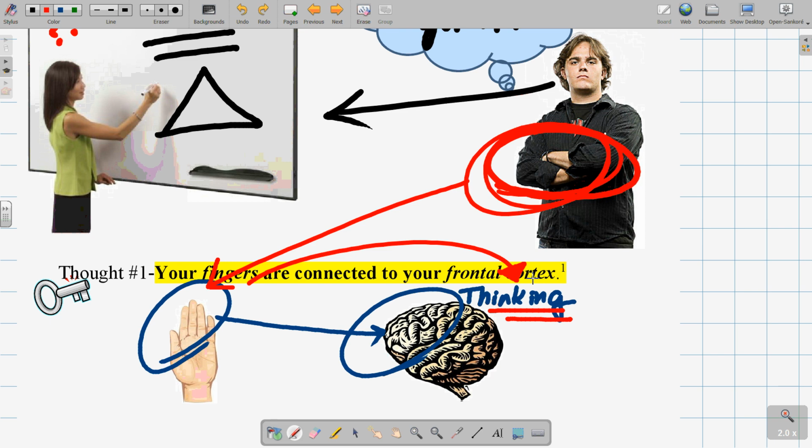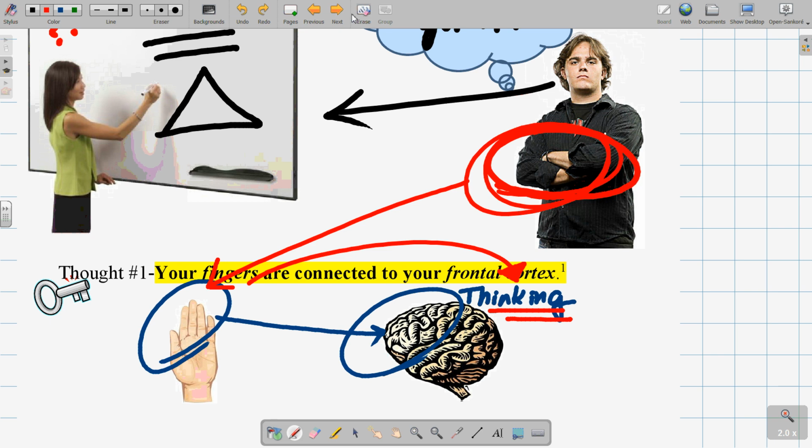That is a very simple but very important concept. If you're not gesturing, physically making models with your hands, your brain is not processing physical information. Geometry is a physical, hands-on math. And your hands are connected to your frontal cortex, the thinking part of your brain.